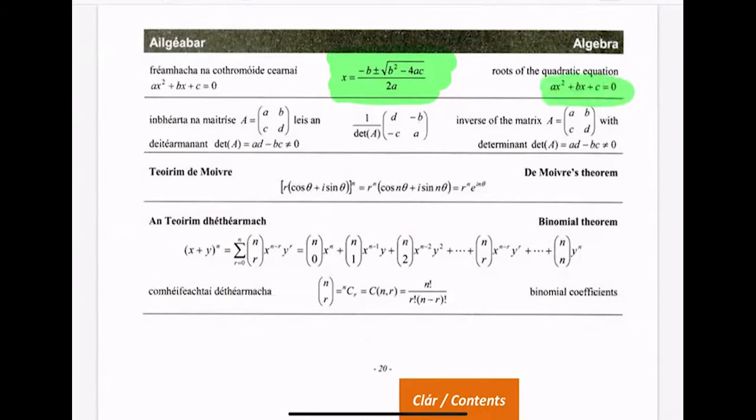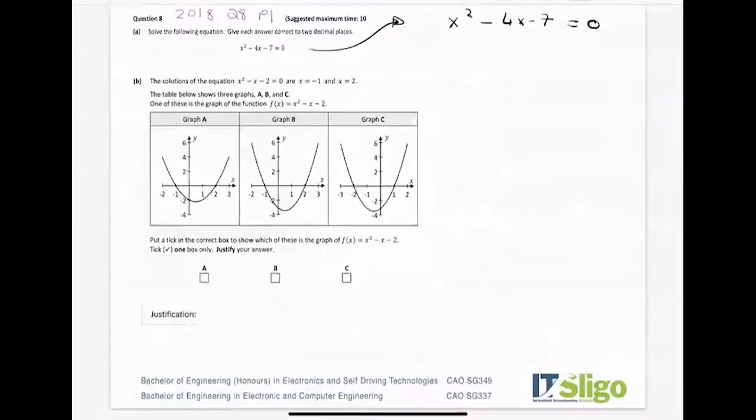Assuming a quadratic is always in the form ax squared plus bx plus c is equal to 0. So a is the number in front of x squared, b is the number in front of x, c is the number on its own. That's what we're going to use to solve this.